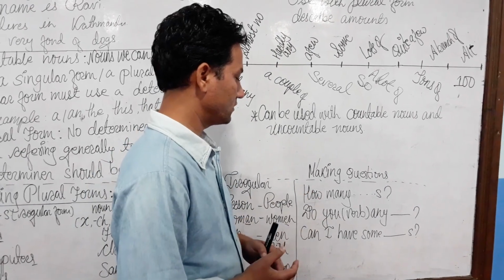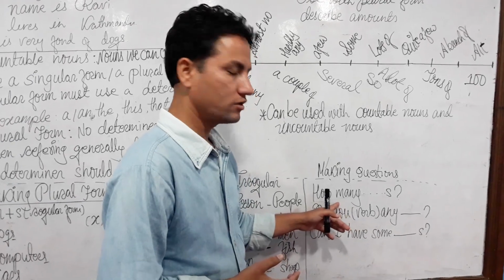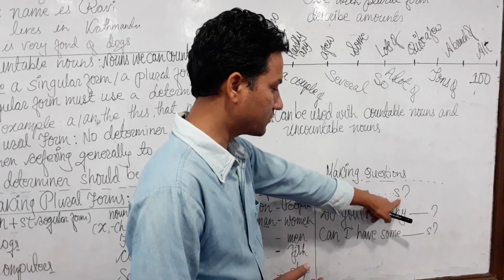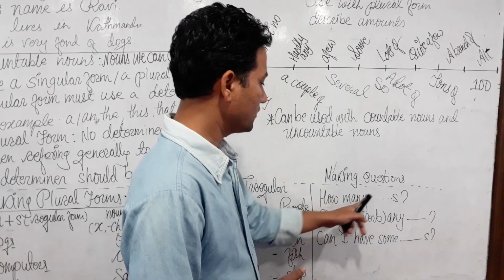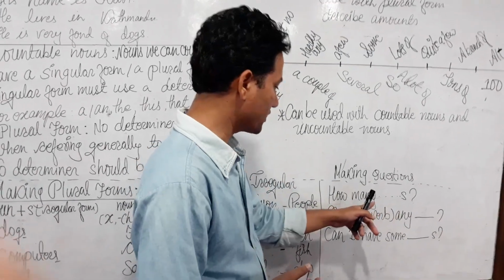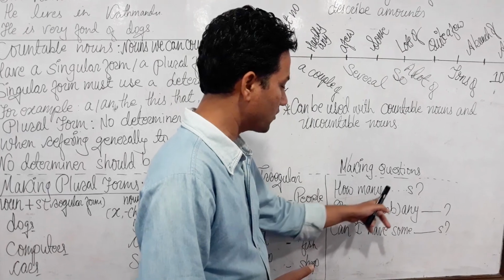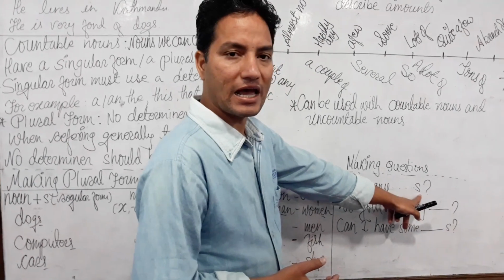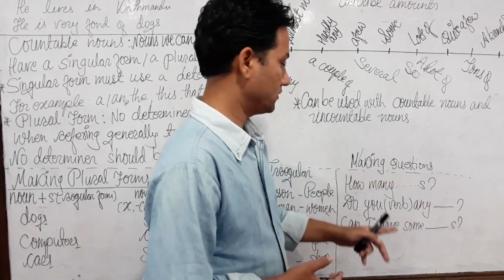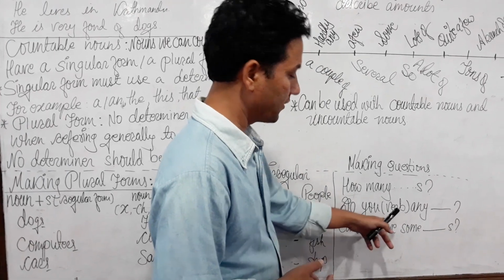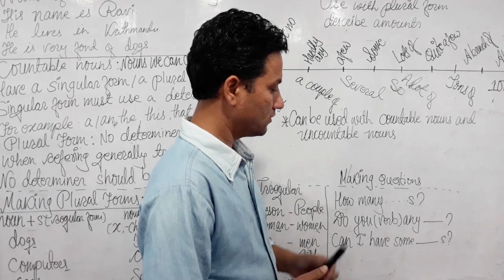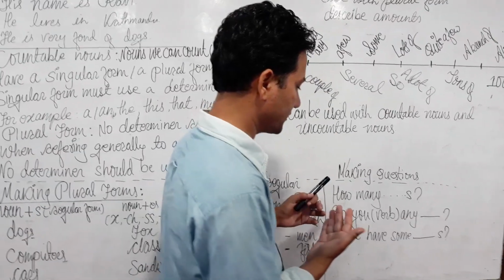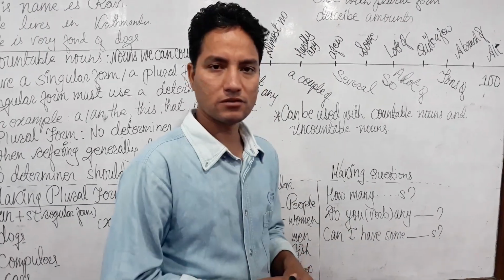Similarly, how do we make questions using nouns? How many is a quantifier. We are talking about quantity. Remember, when you develop such questions, you have to always think of this s sound: how many students, because you are talking about plural. When you use the quantifier how many to make a question, make sure that you pronounce the s. Similarly, do you have any pens? Do you have any chocolates with you?